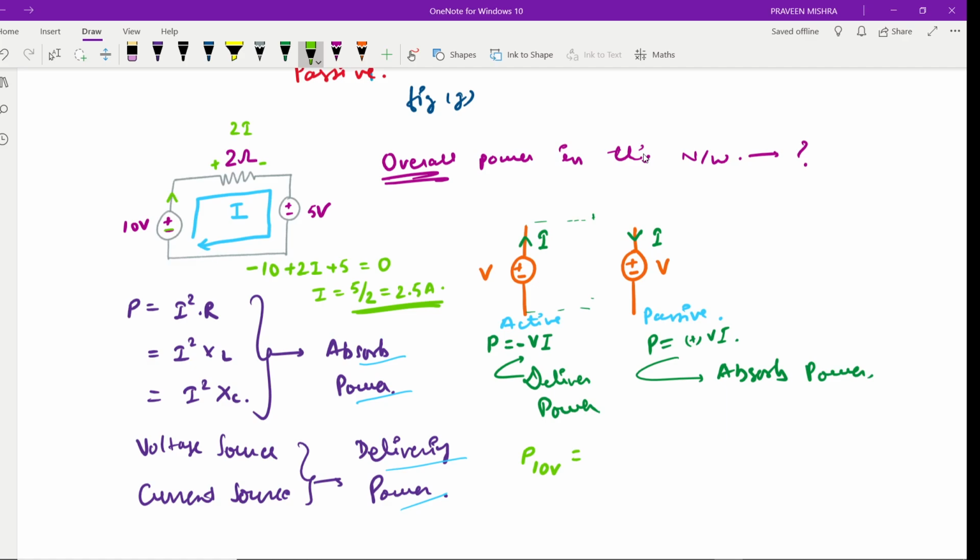The source power is V into I, so for the 10-volt source it will be 10 into 2.5, which is 25 watt. This one will deliver the power.